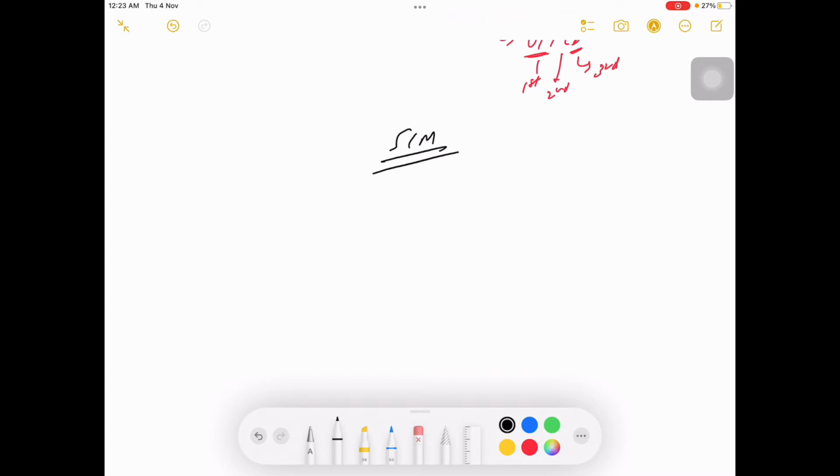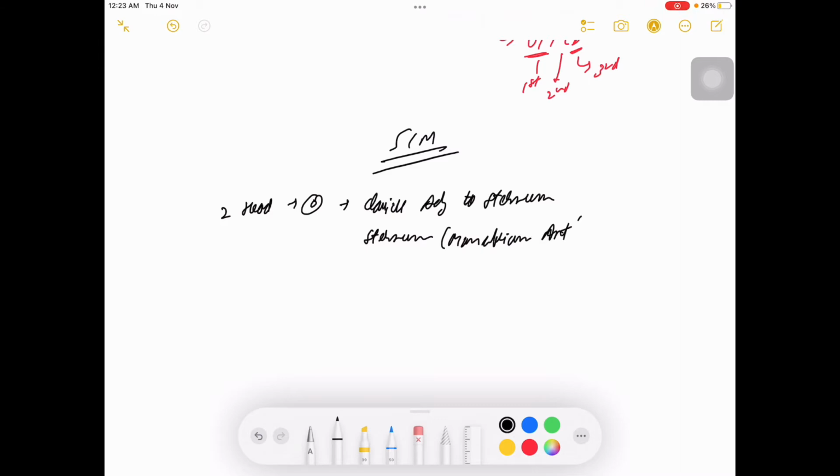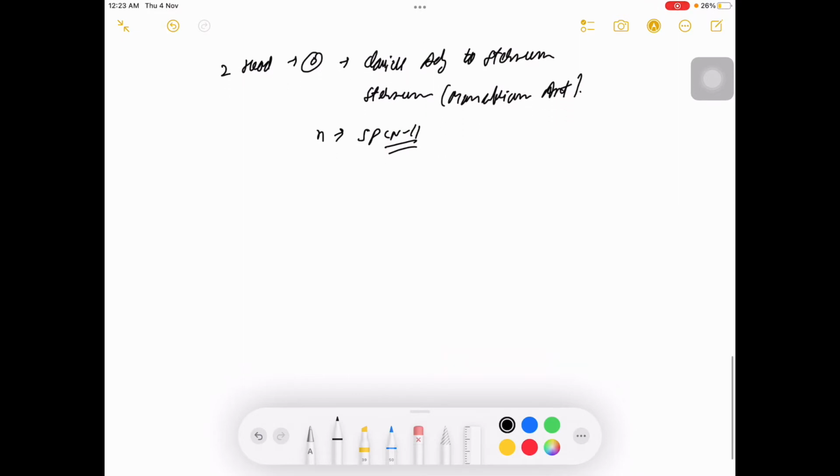The sternocleidomastoid muscle has two heads, two origins: from the clavicle adjacent to sternum, that is known as the clavicular head, and from the anterior surface of the manubrium of sternum. Sternum, basically the manubrium anteriorly. Okay, and its nerve supply is spinal CN11, that is the spinal root of the accessory cranial nerve.